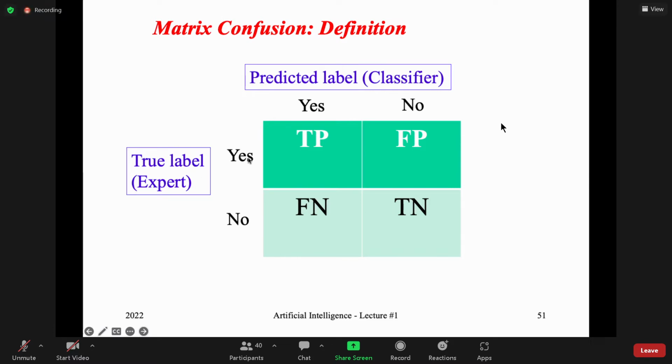With the false positive, with our classifier we say no, and the expert's answer is yes. And so on, we have false negative and true negative. Here we never find the good solution, and here it is the same. So that is just the definition of the confusion matrix.